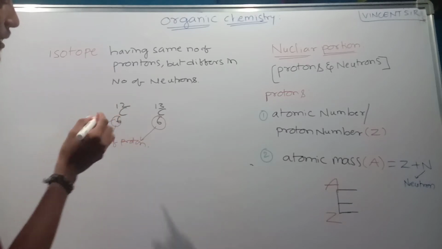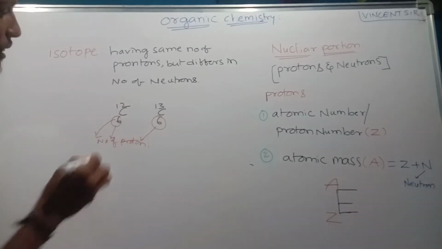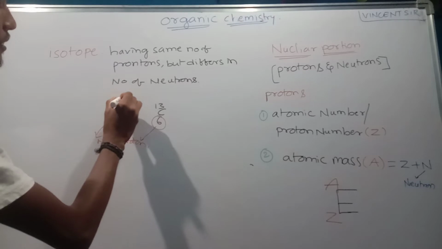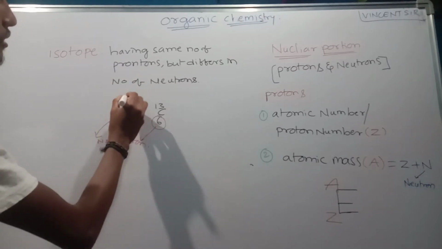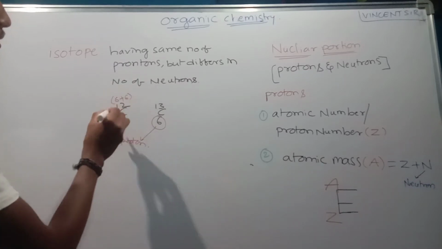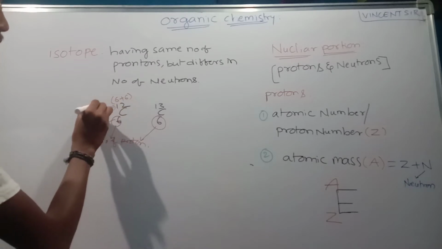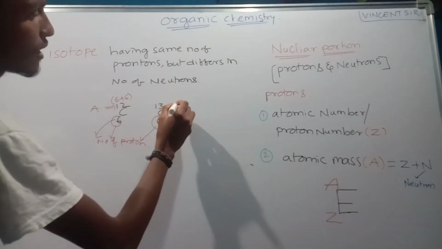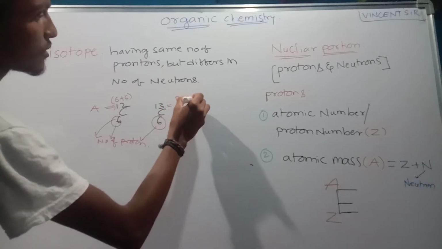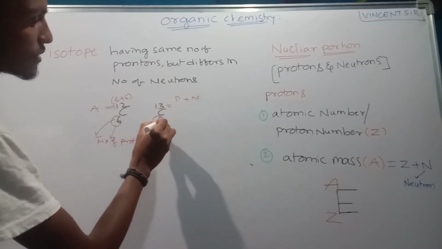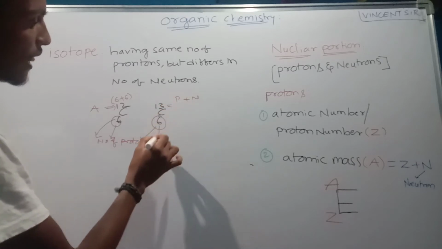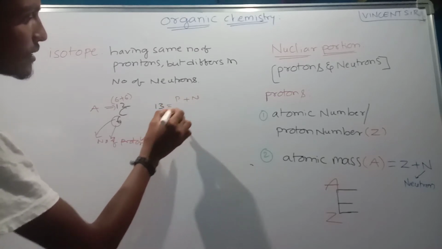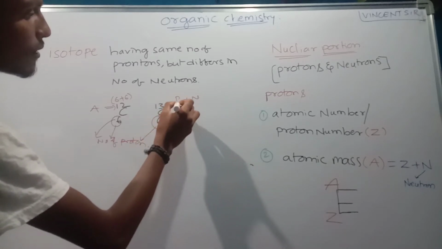In this one the number of protons is 6 and the number of neutrons is also 6. This is the atomic mass, the number of protons plus neutrons, and the number of protons is always 6, because the proton number is also known as the atomic number.